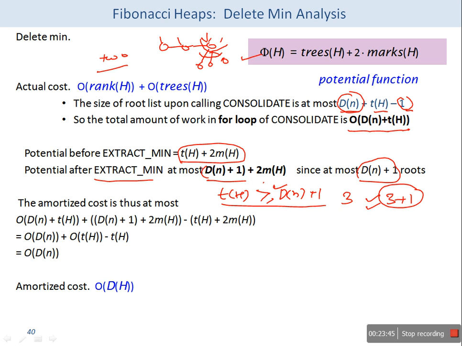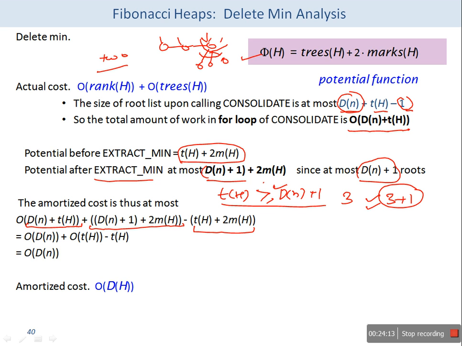So the amortized cost includes the change in potential. The change in potential here is at two steps. First, when the consolidate function is there, this is a potential, and when extract min is there, this is a potential. So we have to add this potential and subtract the original potential.